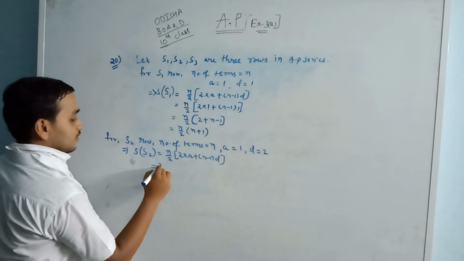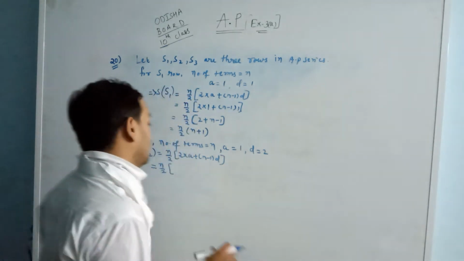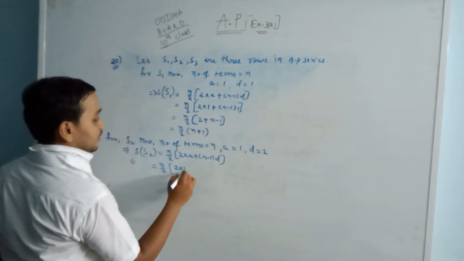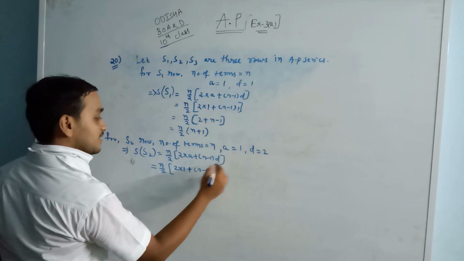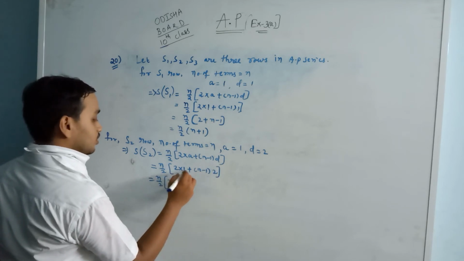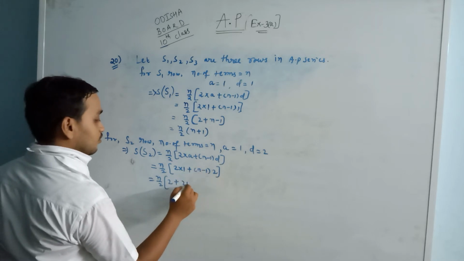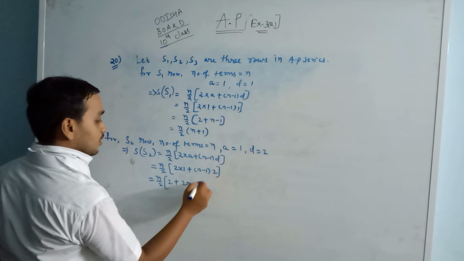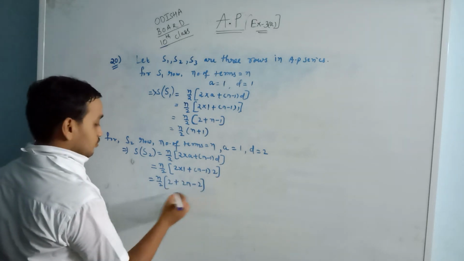See, the same number of terms. 2 into A, A is 1; n minus 1 into D, D is 2, only D changes. n by 2 into 2 plus 2 into n, 2n minus 2, 2 into 1, 2, cancel 2 cancel.